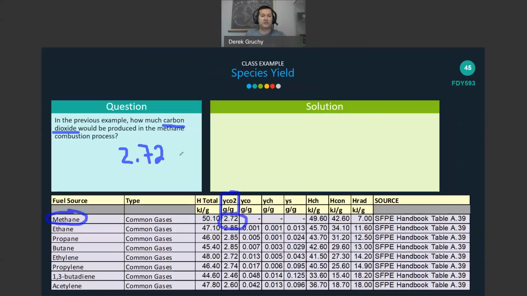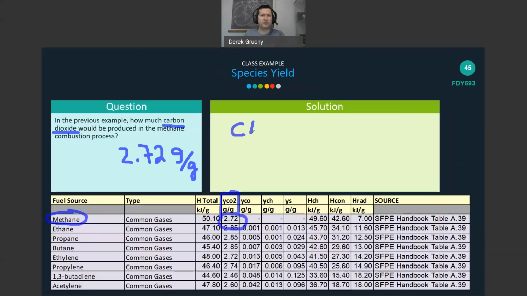And that is gram per gram. So that's 2.72 grams of carbon dioxide will be produced for every gram of fuel that we burn. So we're actually creating more carbon dioxide than the fuel that we're burning. And that sometimes is kind of hard to wrap our head around.